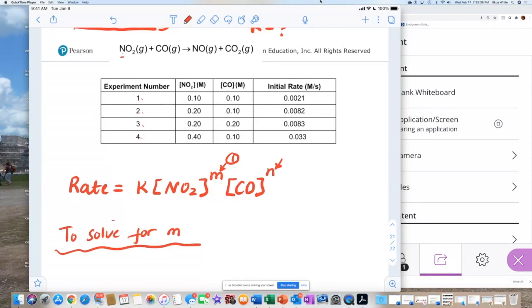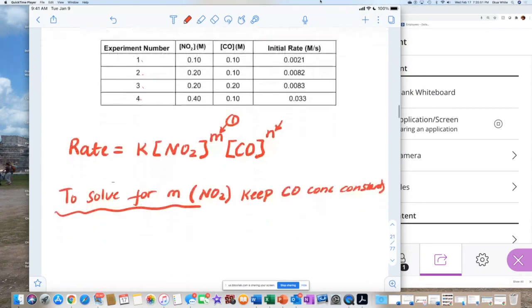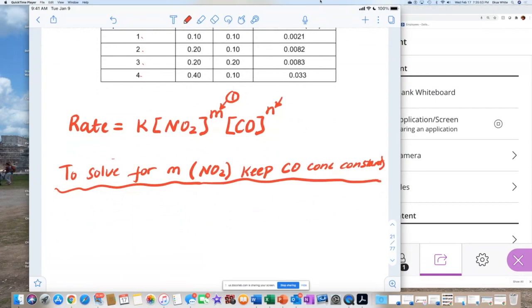So to solve for m, which goes with the formula NO2, keep the CO concentration constant. That's the goal here. So select two experiments in which the concentration of CO is not changing. This is our goal right here.